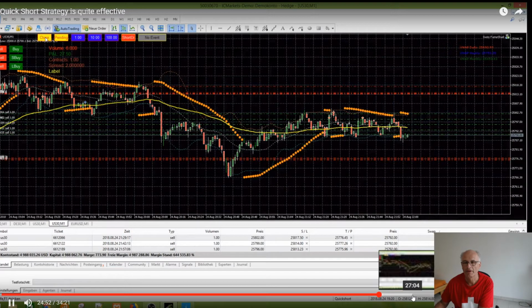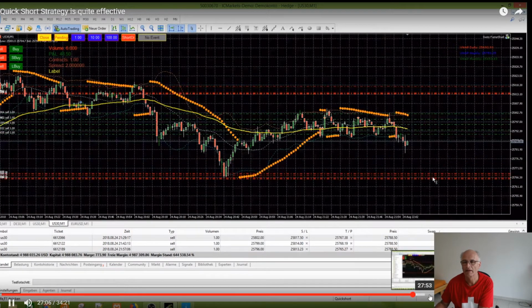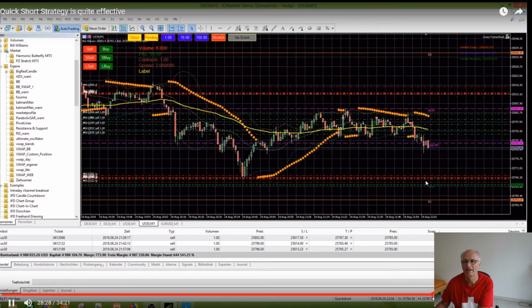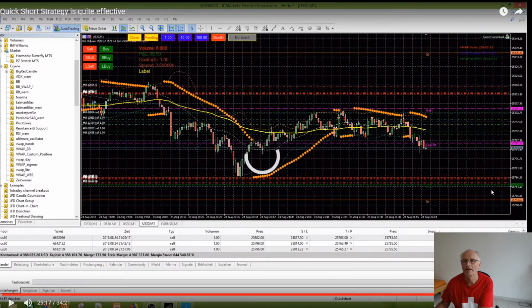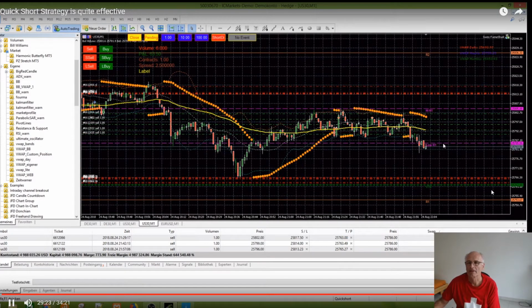Finally, in the last hour it broke the H1 border, the last hourly candle.